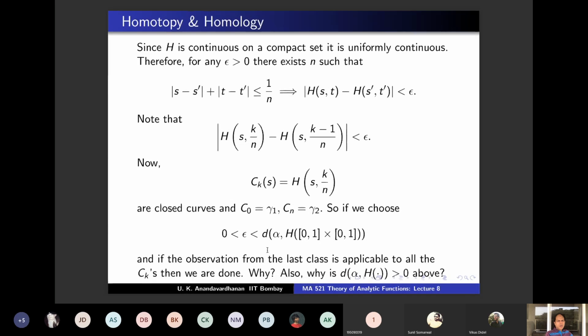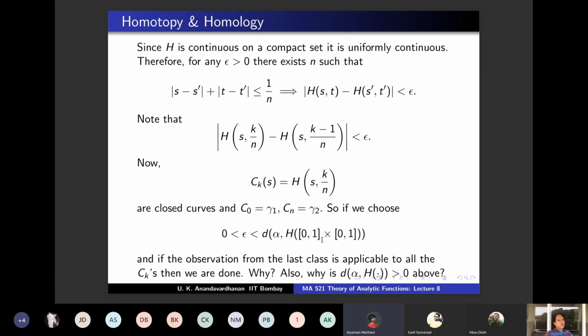But let me ask you this question. I want to choose an epsilon positive, and I want epsilon to be strictly less than this distance. That means this has to be strictly positive. Why is this distance strictly positive? Can someone tell me? Because the image is compact and alpha is not in that image. Correct.